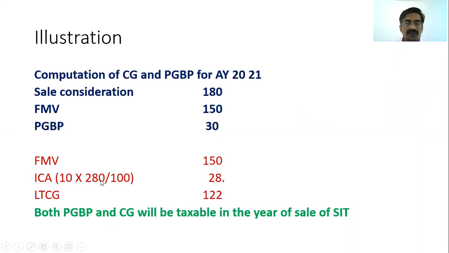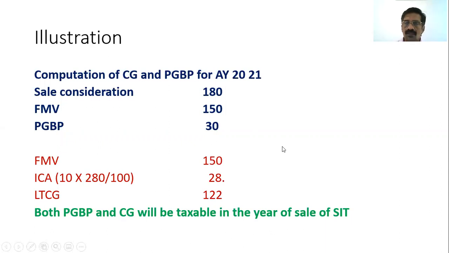The index of 289 we have not used. We have used the earlier index, which is 280, the 1819 index, divided by 100, with 2001 index. So LTCG is 122. Both business income and capital gains will be taxable in the year of sale of stock in trade.